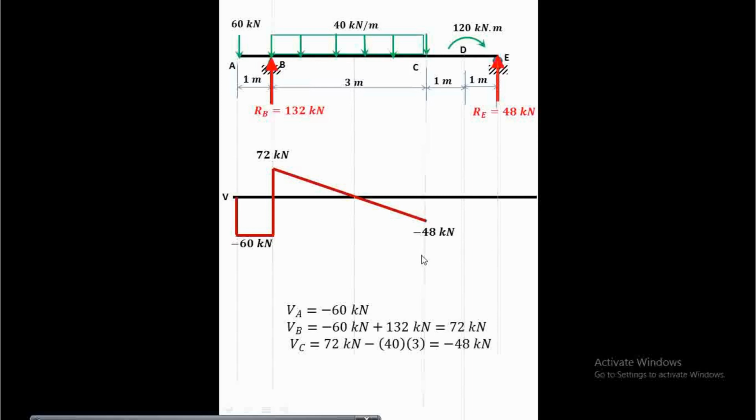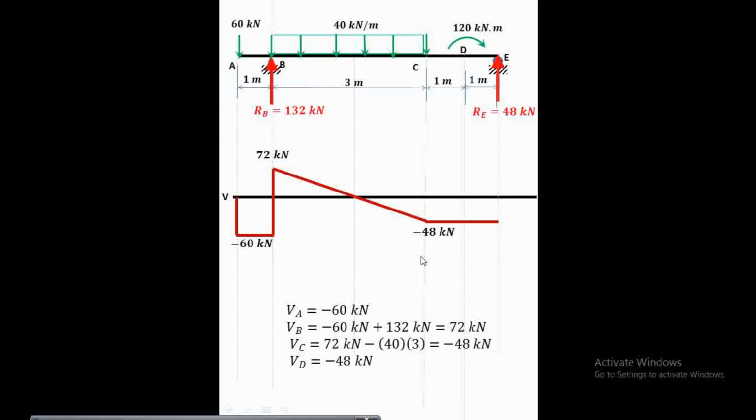Okay? Next, from C to D, walang load na na-apply, yung moment lang na 120, but disregarded pagdating sa shear. Again, sa shear, ang kino-consider natin is yung loads na pababa or pataas lang. Pag beam. From C to D, wala nang load. So, all I have to do now again is to draw a straight line.